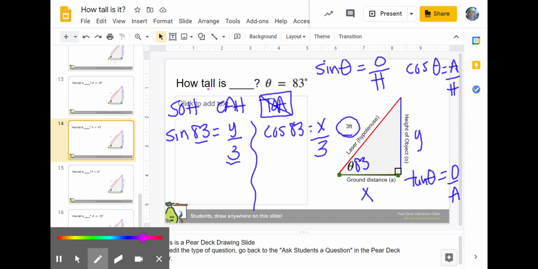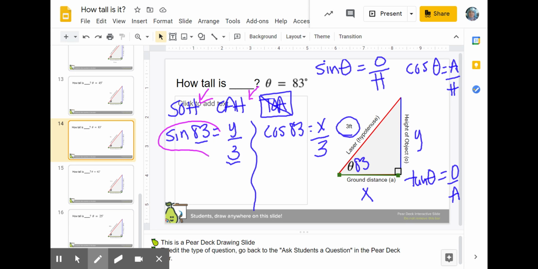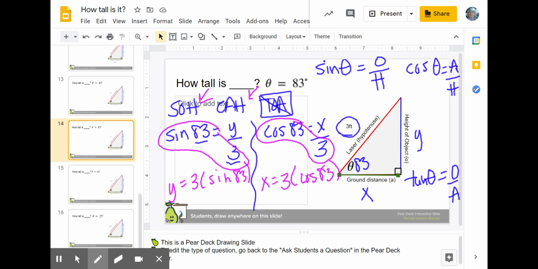And because hypotenuse always goes on the bottom, if you're given the hypotenuse, you always multiply. And then it's just a matter of putting it in your calculator.